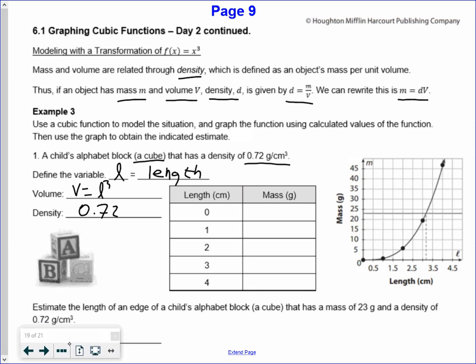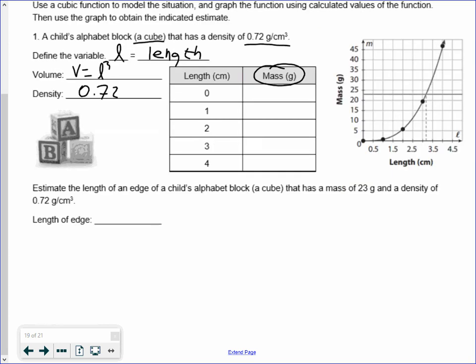All right. So what I'm going to do with this volume and this density is figure out what my equation for the mass of the cube is going to be. Because if I look at my graph and my table, I'm asking you to give me the mass of the cube, depending on what the actual length is. I know what the density is going to be no matter what, so that's my constant. But my length changes. That's my variable. That's changing, and so the mass is going to change too.